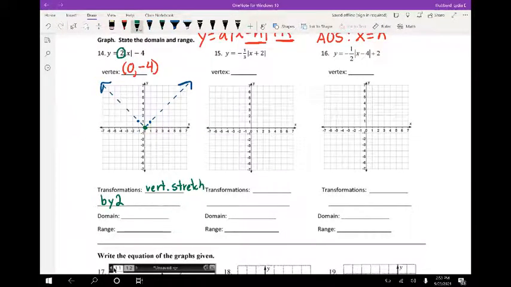So that vertex is staying the same so far. (1, 1): I'm going to take that y value of 1 and multiply it by 2 to get (1, 2). (-1, 1): again, I'll multiply that y value of 1 by 2 to get (-1, 2). So this will be our first transformation that's happened here, and it'll look like this.